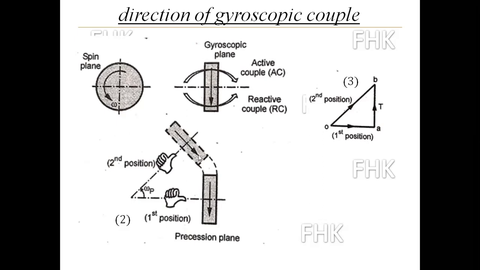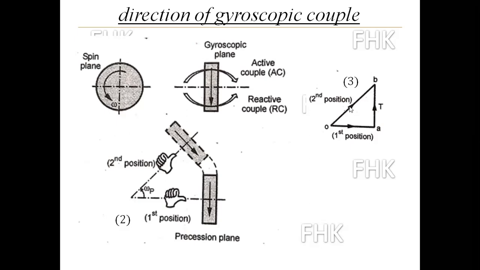At that time the thumb is showing the direction of the vector in the second position. So the direction of vector OB is from O to B.